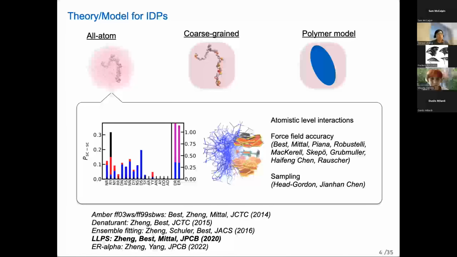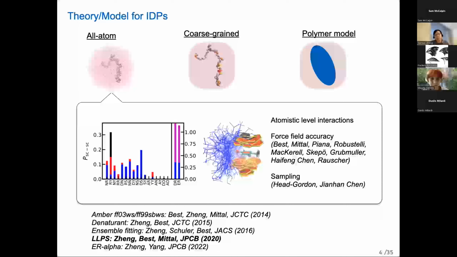And the second question is also obvious, which is the sampling, because disordered proteins are usually quite large. For doing simulations, it's almost impossible to do all-atom simulation beyond maybe 10s or 20s of microseconds. That's the limit, unless we go to a special computational resource like Anton. And then there's a clear problem of sampling.